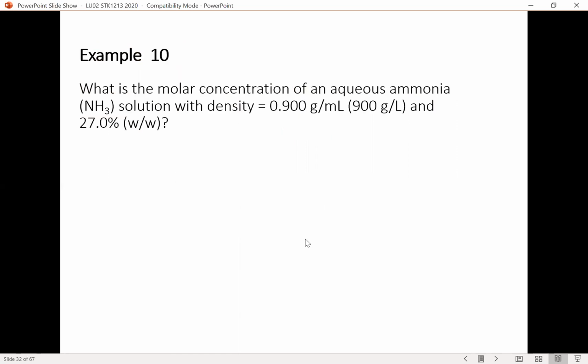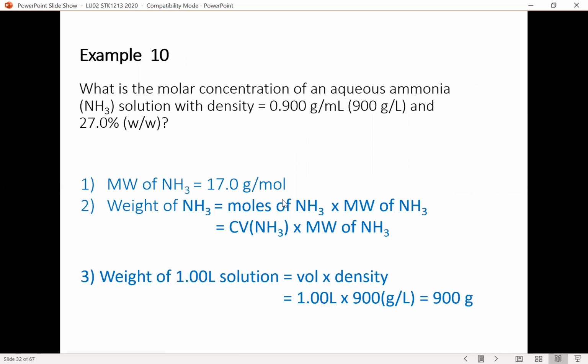Right. What is the molar concentration of an aqueous ammonia solution with density of such and such and 27% weight to weight? So this is just a backward calculation from example 9. You were given the density and the weight to weight percent, and you have to find out the molarity.